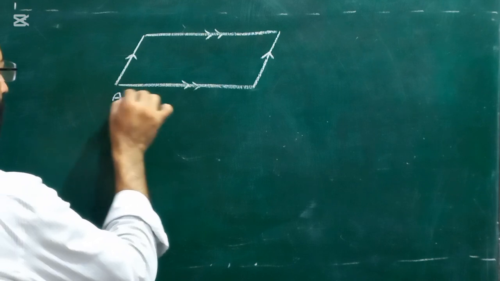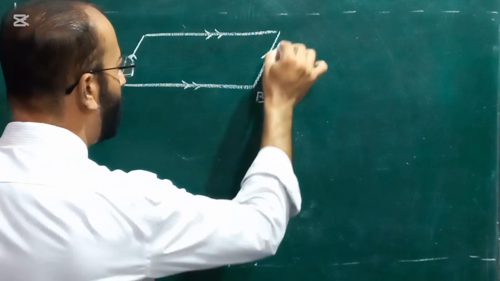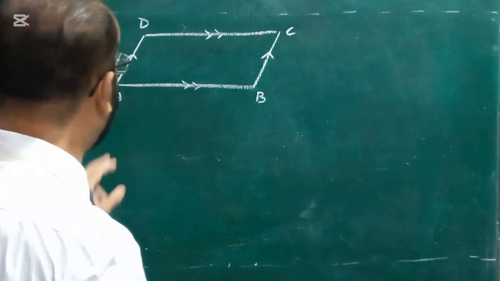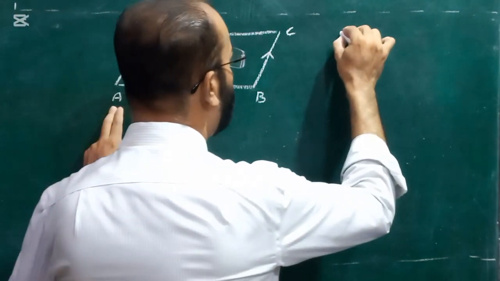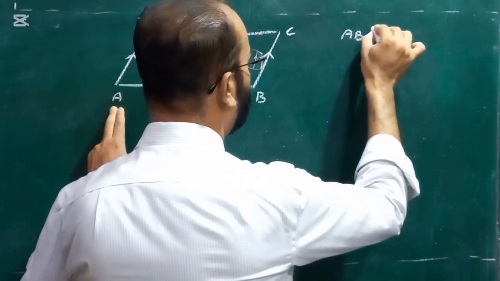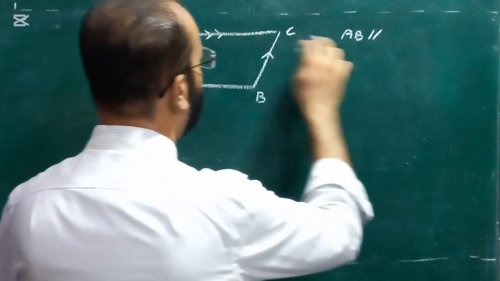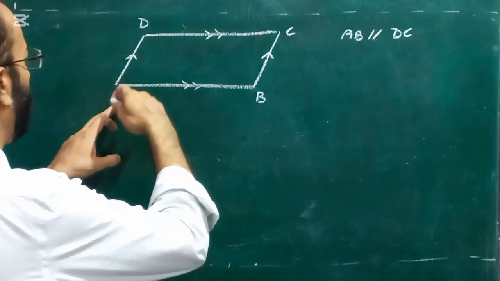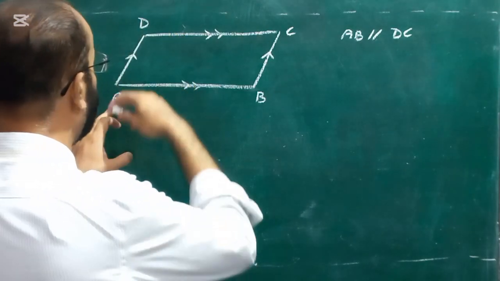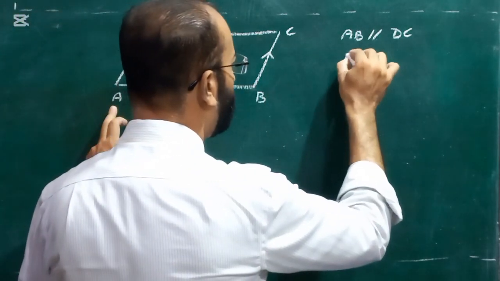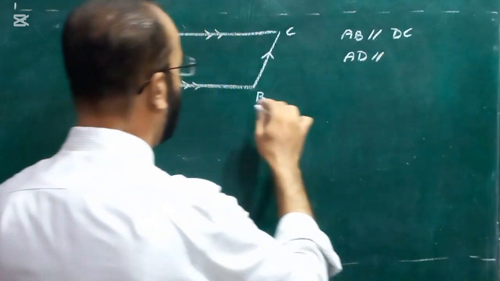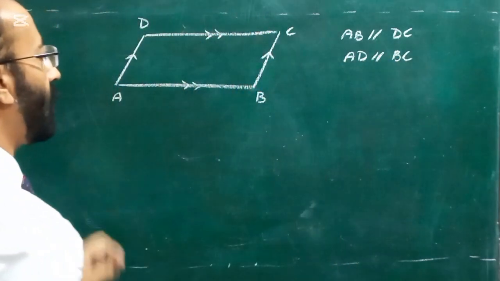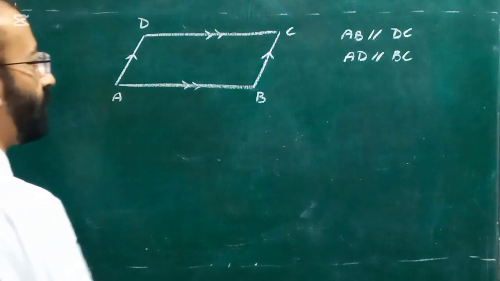If this parallelogram is called ABCD, the first property is AB is parallel to DC and the other set of parallel lines are AD and BC. So there are two sets of parallel lines.